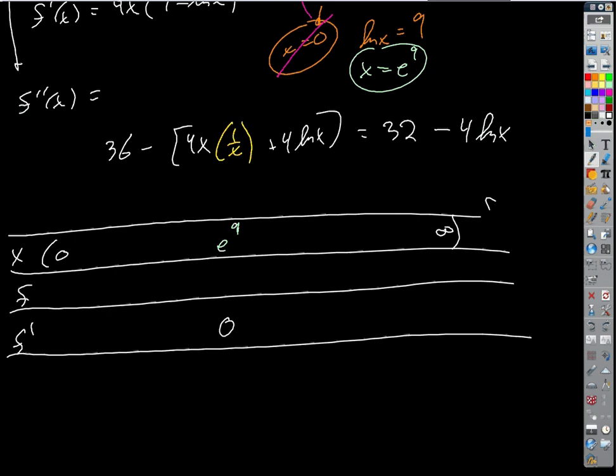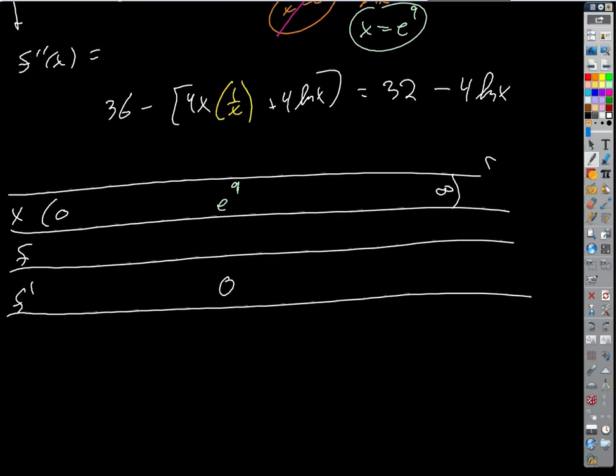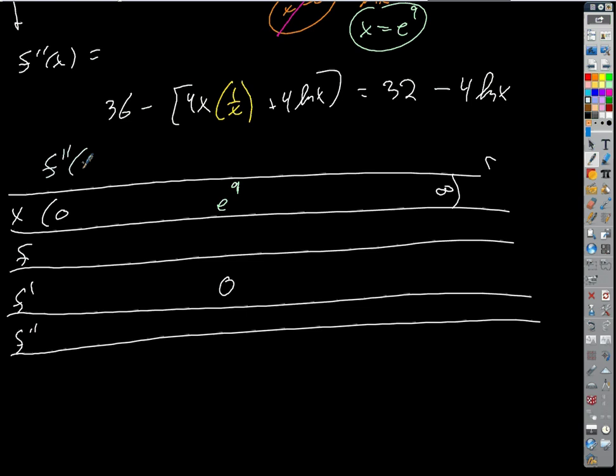Okay? And so if I pick some values then, actually I don't pick any values, I'm just going to evaluate this at e to the 9th. We're doing the second derivative test. So if I evaluate my second derivative at e to the 9th, what am I going to get? What's the sign going to be? F double prime of e to the 9th equals 32 minus 4 times the log of e to the 9th.